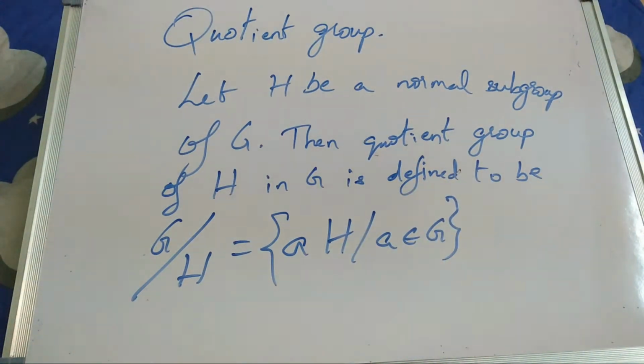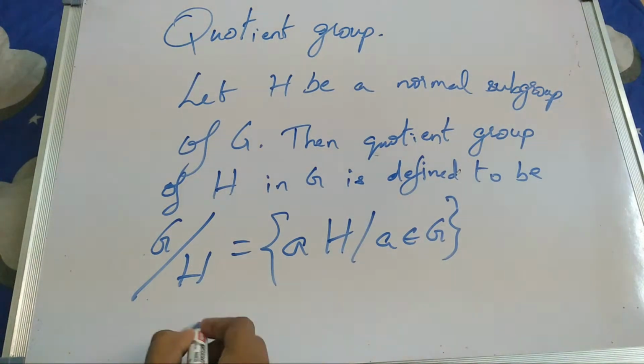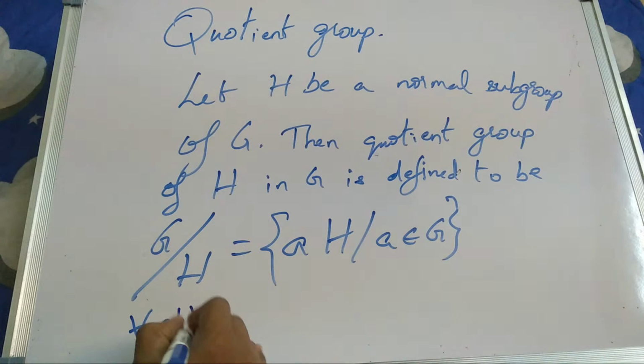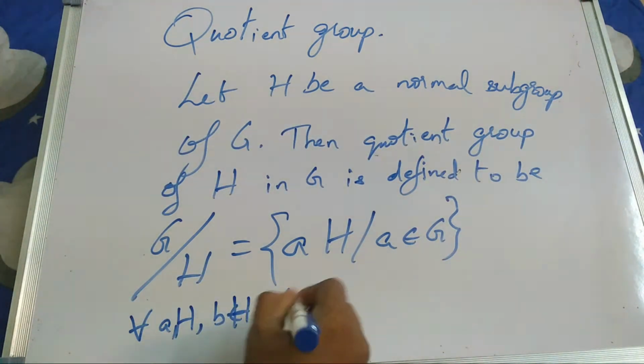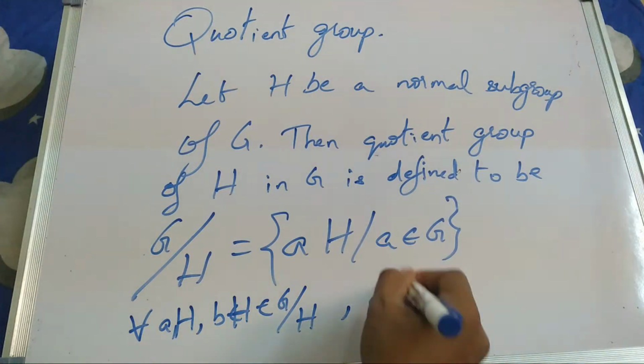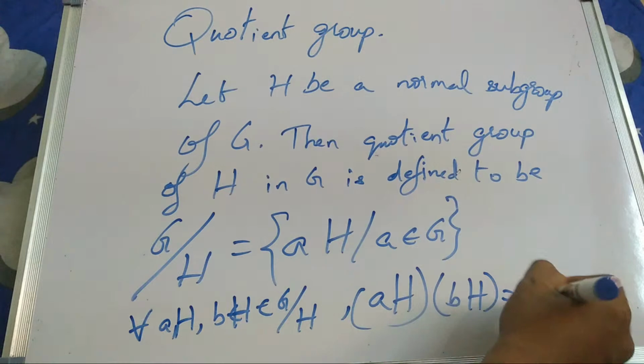As simple as that. So this will form a group with respect to the operation: for every aH, bH in G by H, we define the operation aH into bH equal to abH.